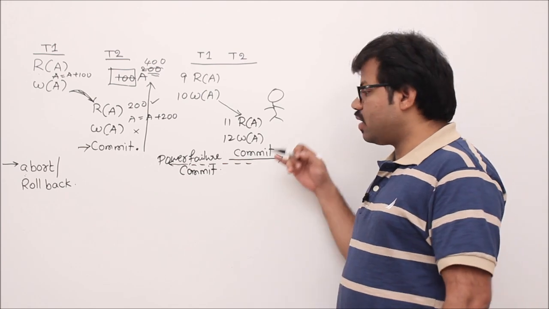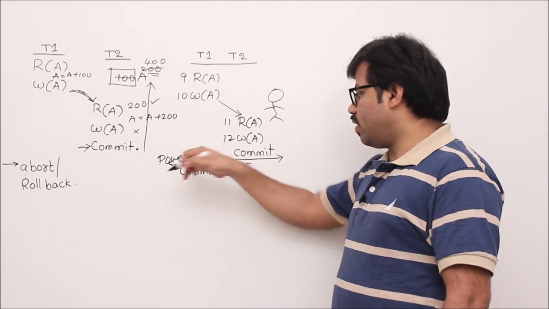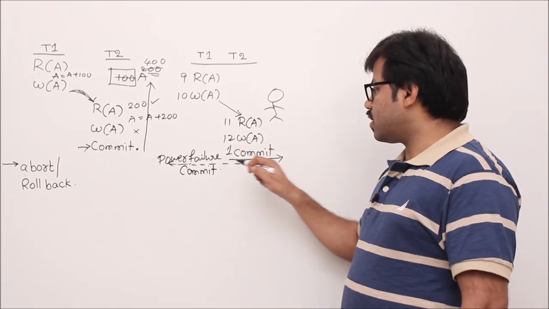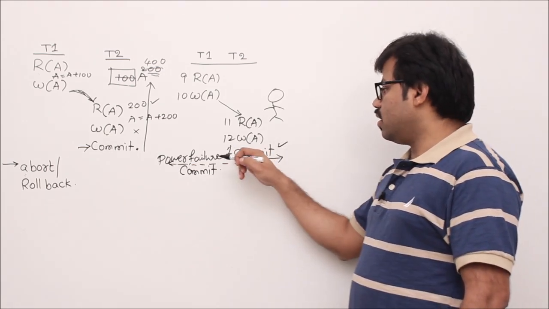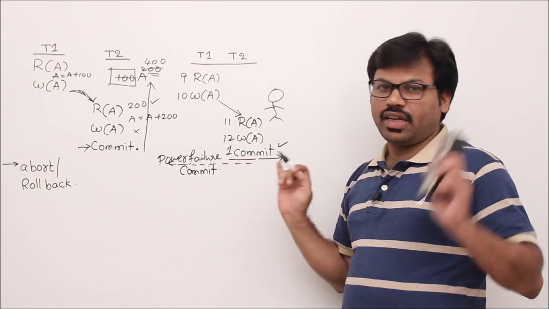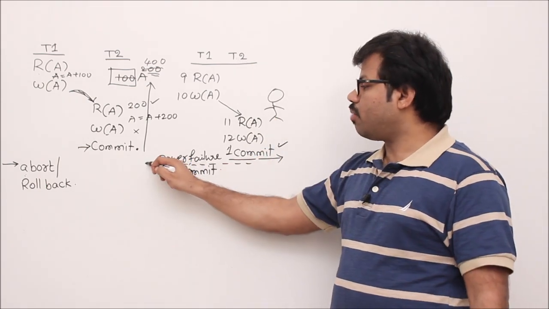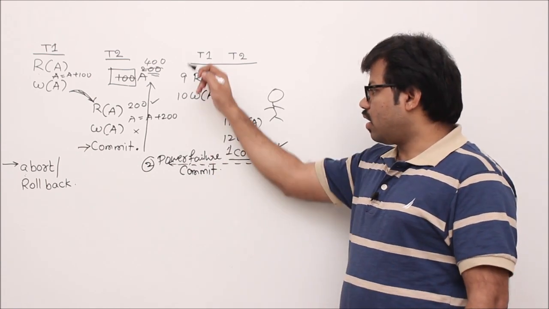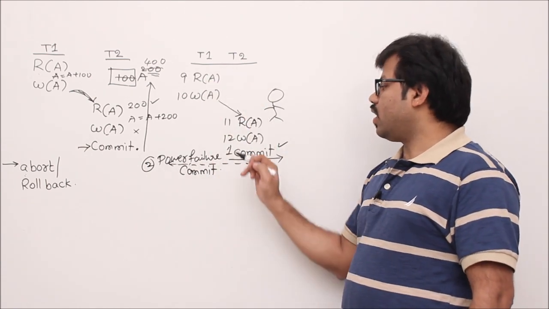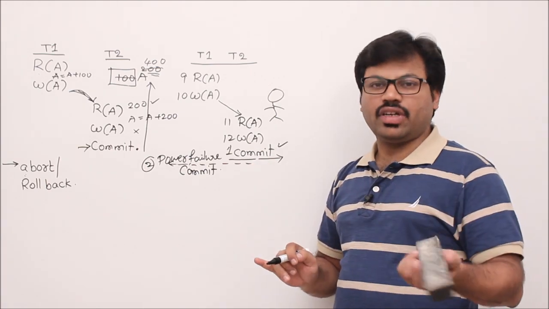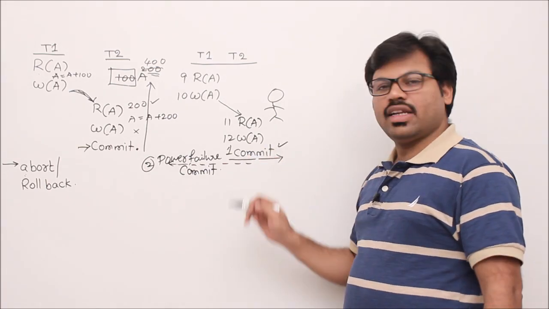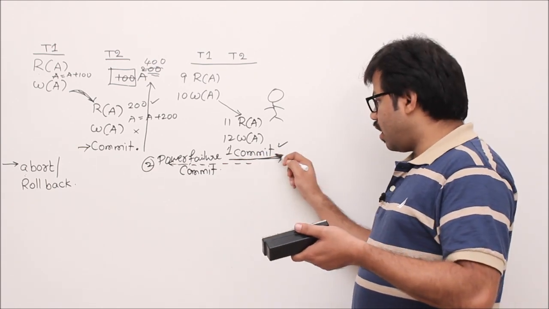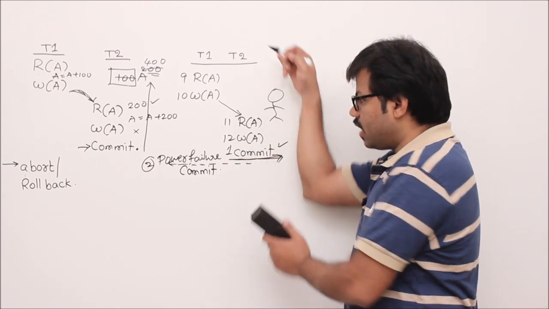So far your DBMS doesn't have a clue whether power failure occurs or not, correct? So at 1 o'clock, let's say this commit happens, then this transaction T2 will be a committed transaction. Now at 2 o'clock power failure occurs. Now we have two transactions. One is not completely executed, the second one is completely executed, and even committed. Now such a committed transaction, does your DBMS really accept it as committed?